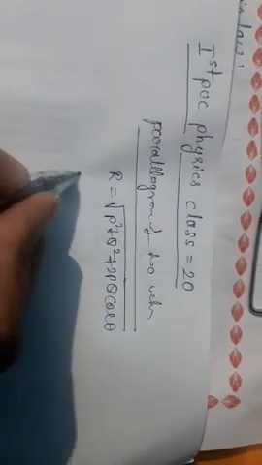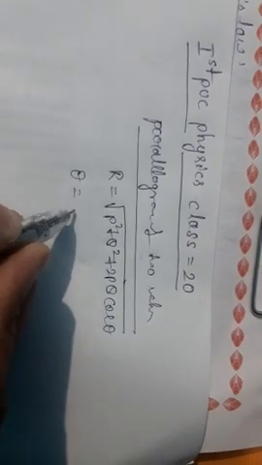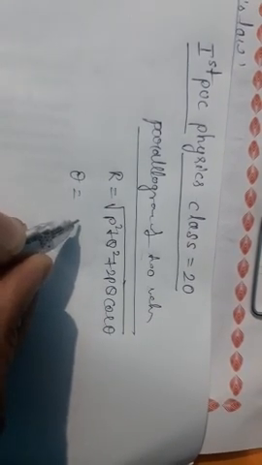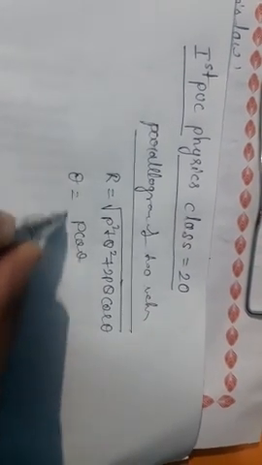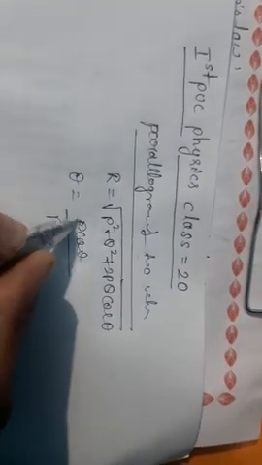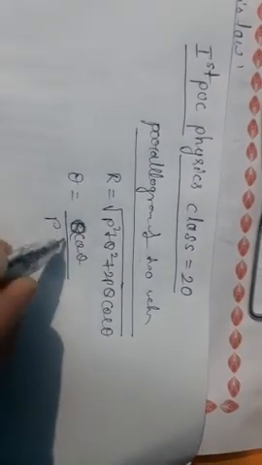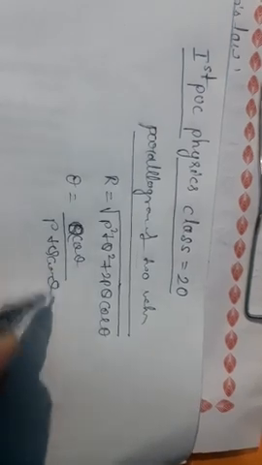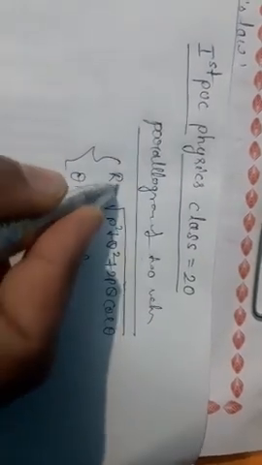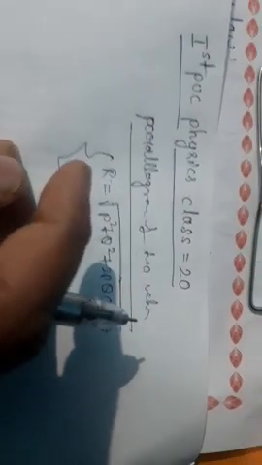The direction of the resultant is tan alpha equal to Q sin theta by P plus Q cos theta. This is the magnitude of the resultant, and this is called the direction of the resultant.